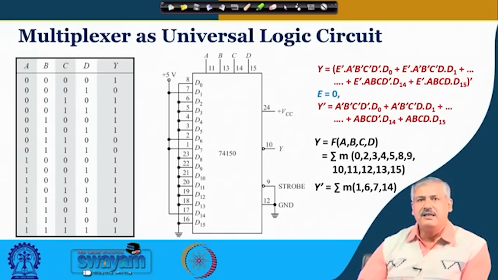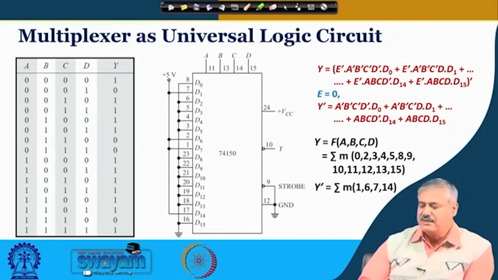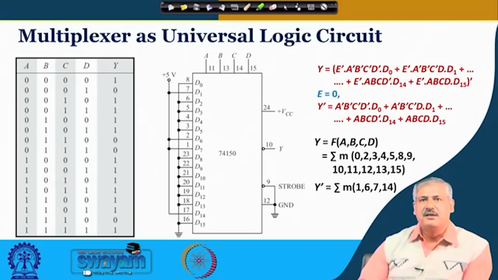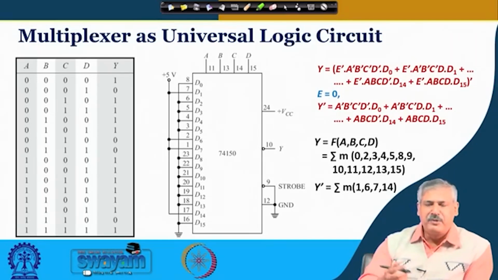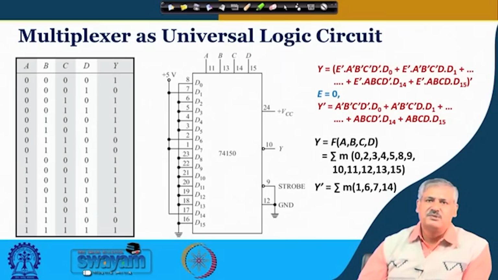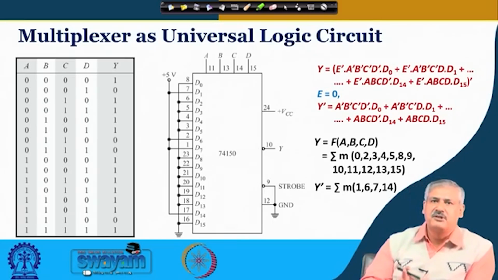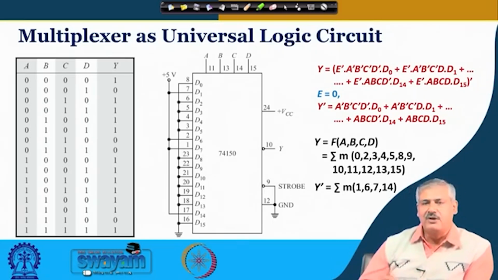It means that any logic function can be realized using a multiplexer by appropriately placing the data input values. It is just how you arrange and place the zeros and ones at the input side, and you get the logic function realized. So, you have to just expand the Boolean equation in terms of where all the min terms are present, and accordingly you will place the inputs.